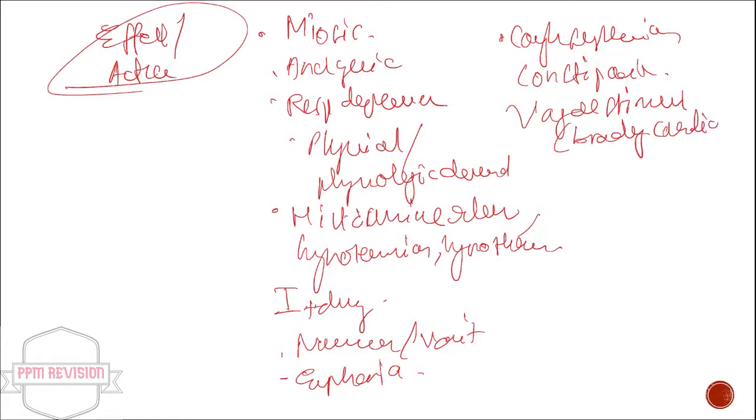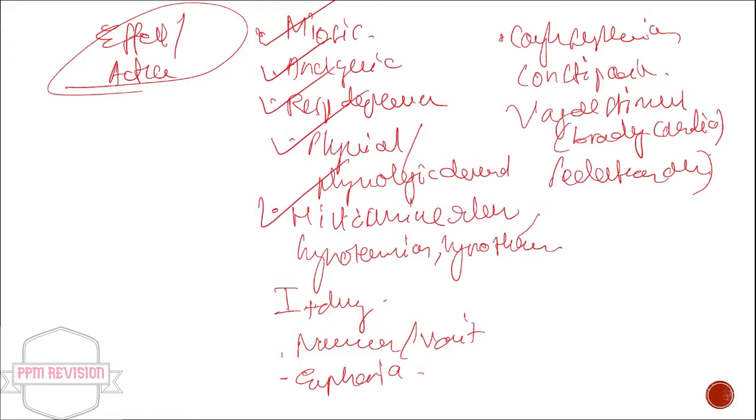Okay, and sedation and hypnosis. Just to recap, there is miosis, analgesia, respiratory depression, physical and psychological dependence, histamine release, hypotension, hypothermia, itching, nausea, vomiting, euphoria, cough suppression, constipation, vagal stimulation, bradycardia, and also sedation, hypnosis. Okay, so these are some important points that need to be known.